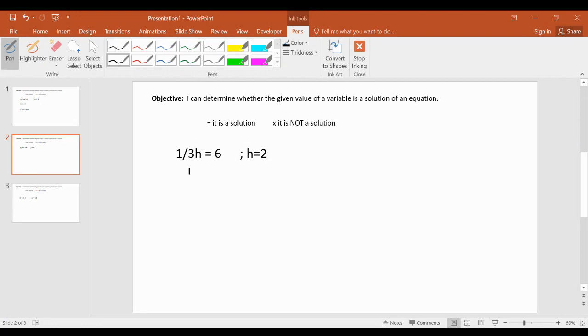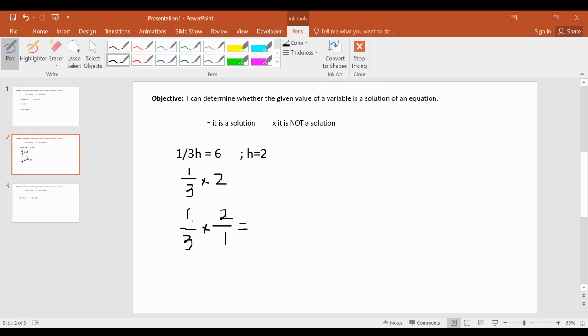So that means 1/3 times 2. Now I'm going to rewrite 2 as a fraction in order to solve. So that is 1/3 multiplied by 2 over 1, because that is how we write a whole number as a fraction.